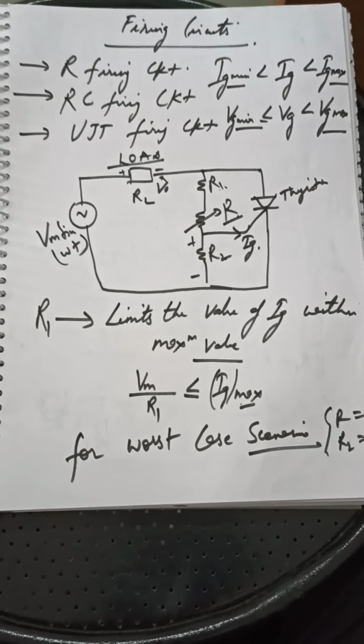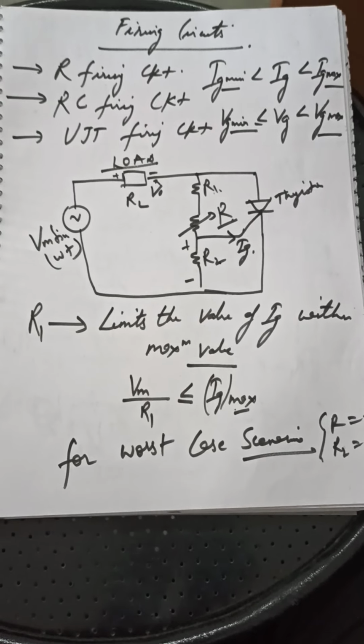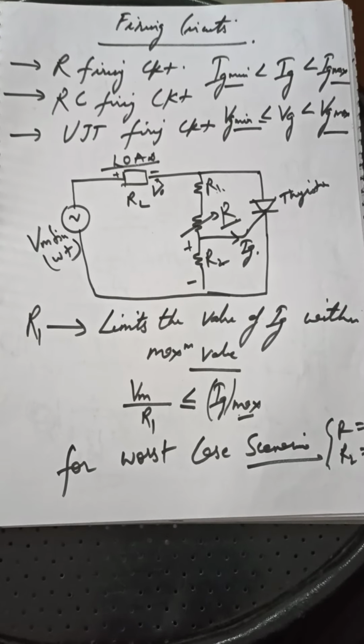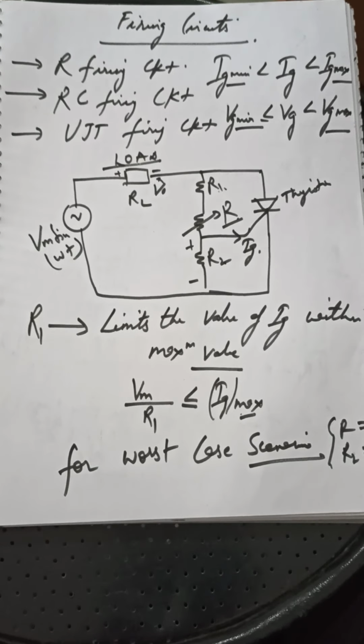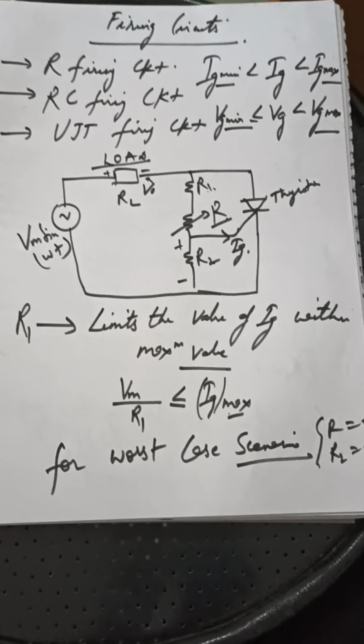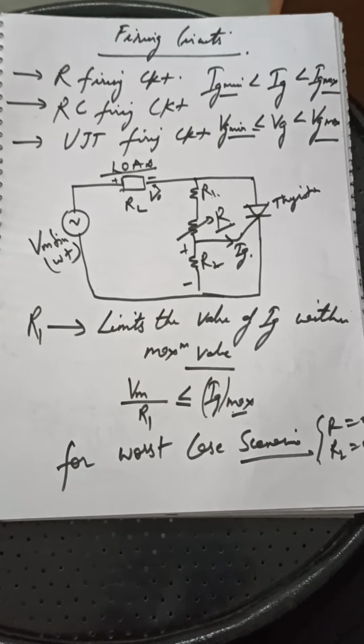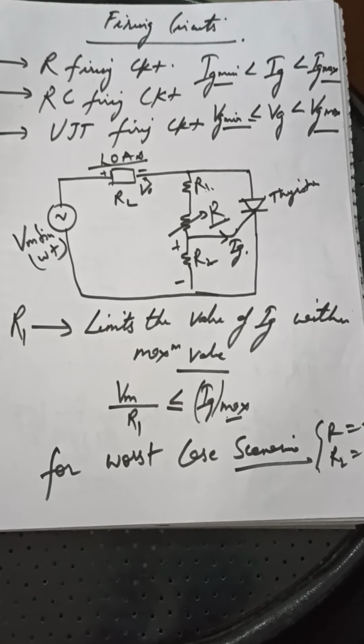So, I am here presenting the discussion regarding the firing circuits: how a firing circuit enables the triggering of a thyristor. Before the start of this topic, it is very important to understand the role of a firing circuit.